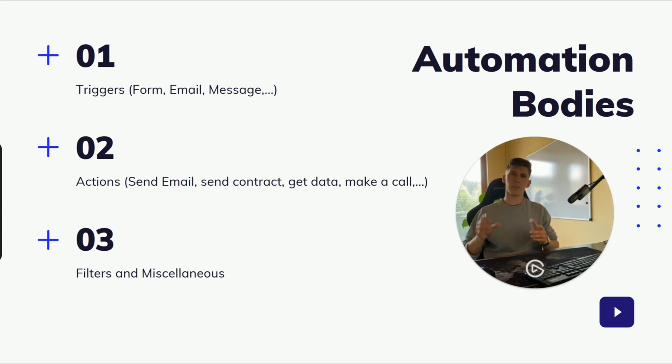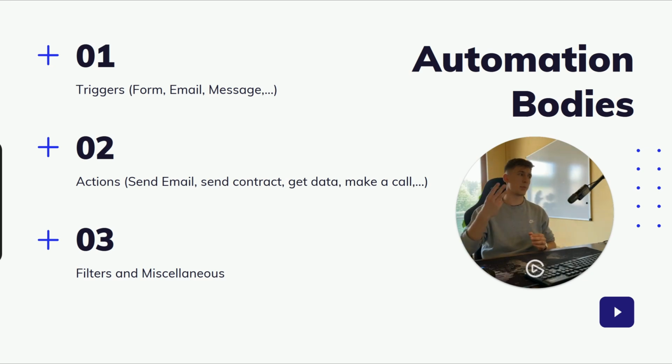Meaning that, let's say, Make detects a change in the pricing list of your Google Sheet. It's going to trigger a reaction, which is then going to put it into outcome. What we put onto a trigger is the action, and the action is basically anything that you want it to be. It's sending emails, sending contracts, sending messages, getting data, making calls, etc.